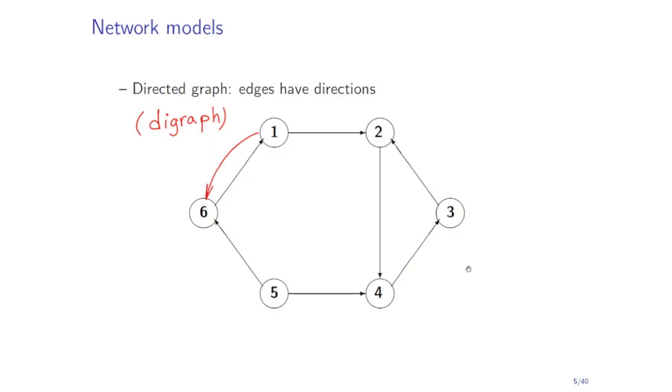Actually, I don't see a path from 1 to 6 in this graph. I will introduce the concept of a path later, but for now, it is possible to go by this edge from 6 to 1, but not from 1 to 6. So every edge has a direction, or maybe it is better to say a feasible direction.